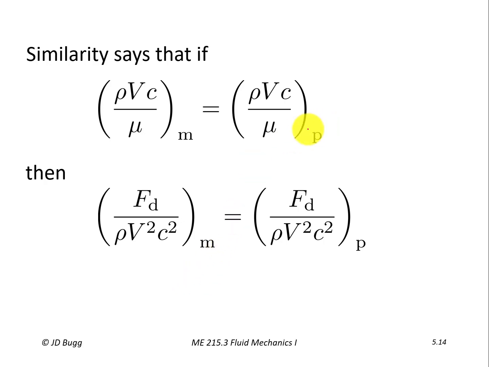It means if we can set up an experiment where the Reynolds number on the model is the same as what the full scale object is going to have, and we make a measurement of the drag force on the model, which is relatively easy to do, we can predict the drag force on the prototype. And this is what we're really interested in, the drag force on the full scale object.